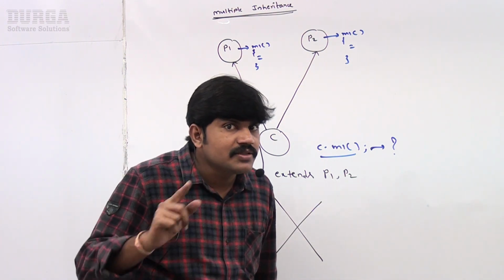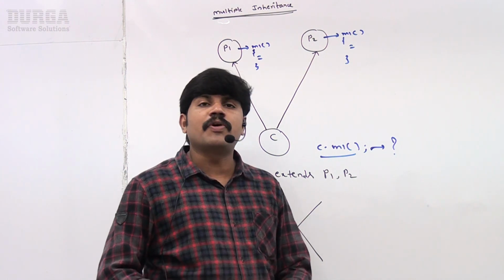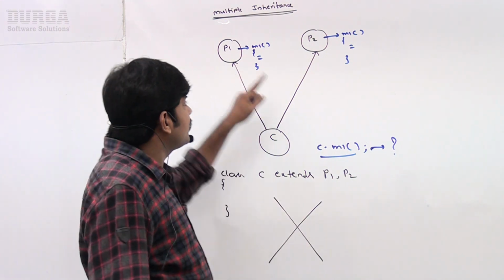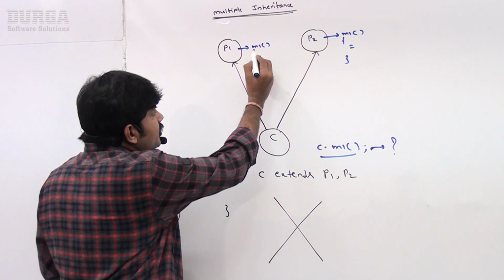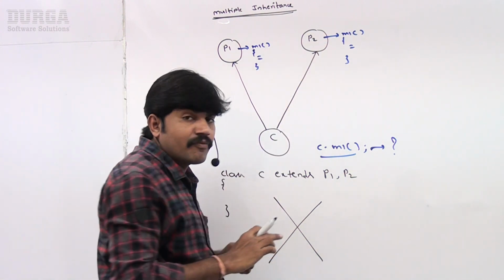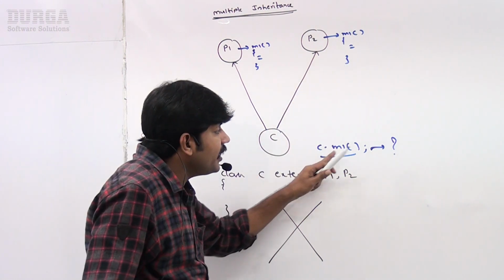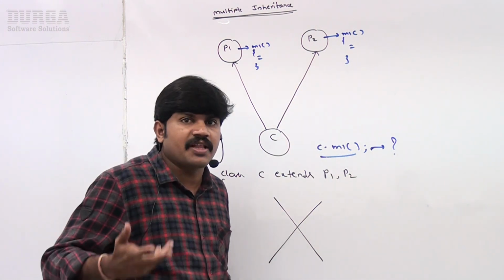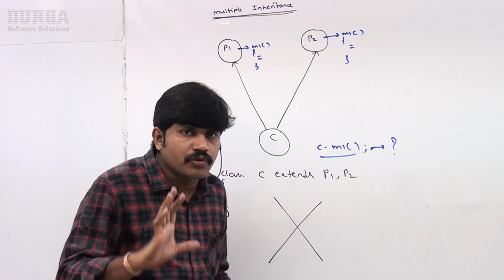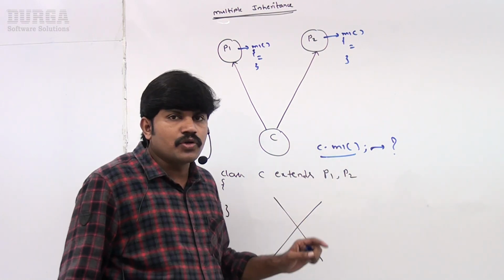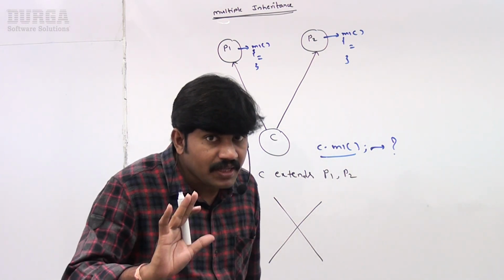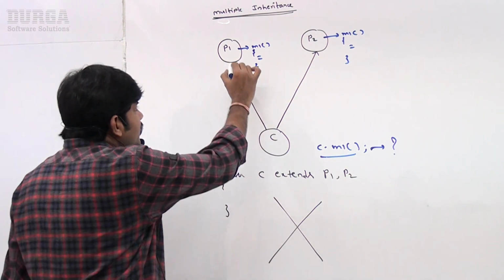Sir, why won't Java provide support for multiple inheritance? Sir, this is the reason. Both parent classes, more than one parent, contain the same method, so on the child, if I call that method, which M1 method has to come? There is no way to resolve it. That's why Java won't provide support for multiple inheritance. Sir, do you know this is a problem?